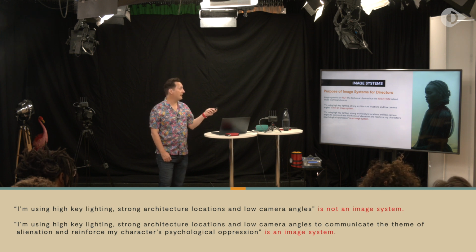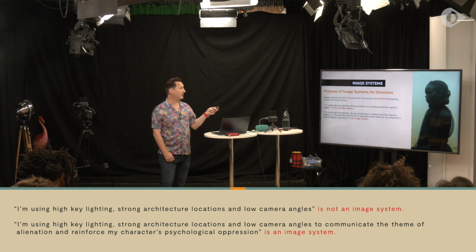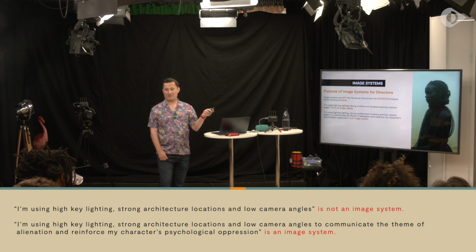But I'm using high key lighting, strong architecture locations, and low camera angles to communicate the theme of alienation and reinforce my character's psychological oppression is an image system. Okay? So the difference is intention and meaning. That's what we're talking about here, how to build that visual language for yourself as a filmmaker.